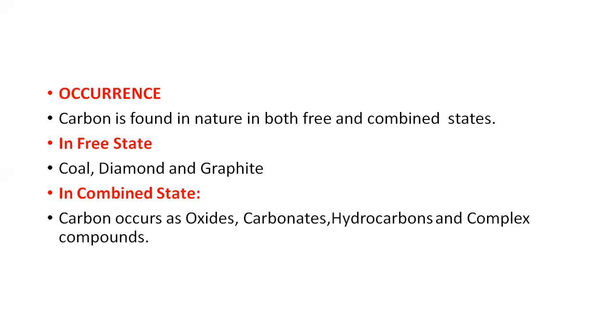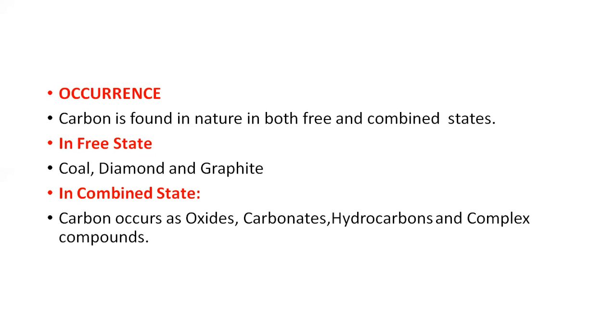In free state, carbon exists in coal, diamond, and graphite. Coal is a decomposition product of plants. It is formed from dead remains of plants under the earth due to high temperature and pressure.